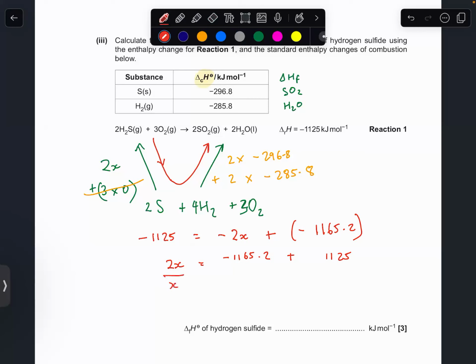Enthalpy change of formation is where 1 mole of a substance is formed from its elements. That's why we're dividing by 2. Minus 1165.2 plus 1125, and then divide all of that by 2.